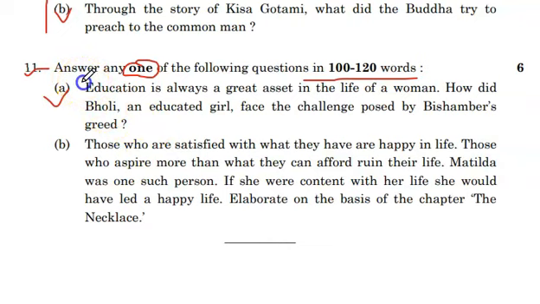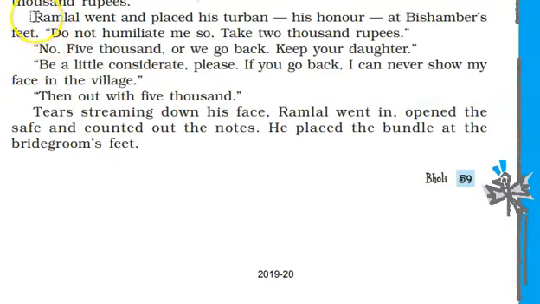So let me take you to the relevant part of the story from where you can read and collect the points. For answering this question, you begin reading from here. Ramlal went and placed his turban, his honor, at Vishwambar's feet. Do not humiliate me so. Take 2,000 rupees.